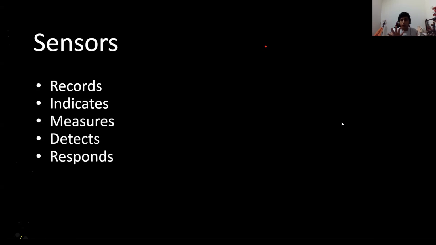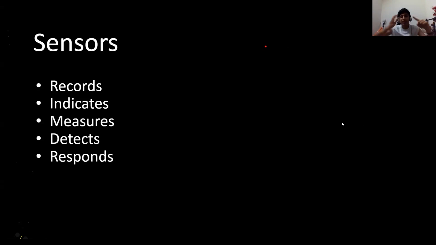What do these sensors do? Let's take the example of my finger and the skin on my finger. If there is a change in temperature, it can indicate that there is a change. It can tell me that you've touched something hot. It cannot exactly measure, but it can give me an idea how much hotter it has become.